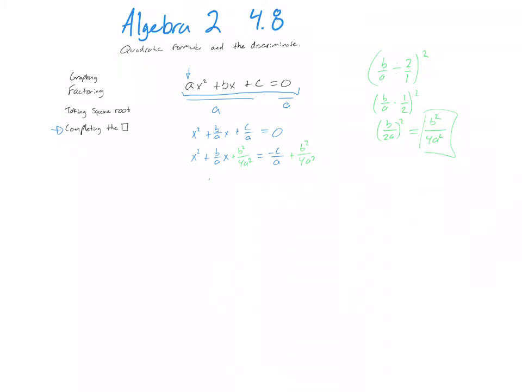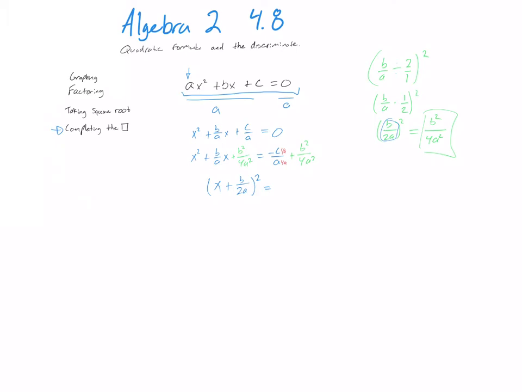The left-hand side will factor into, remember, x plus what's in here before I square it, b over 2a, squared, is equal to, and I want to get these with the same denominator, so I'm going to multiply this one by 4a over 4a.